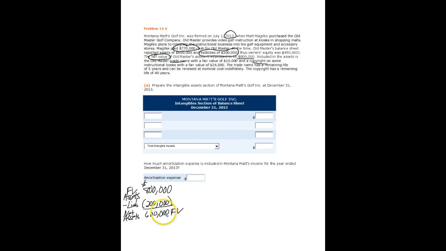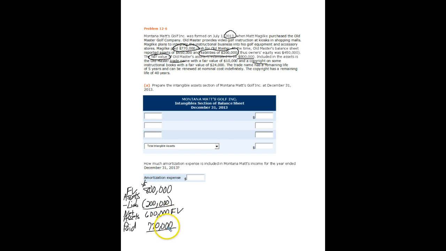That's what he's acquiring, the fair value. So if he had bought those net assets separately, the purchase price, theoretically, would have been $600,000. But he actually paid for this entire business. He was willing to pay $770,000. Why would he be willing to pay $770,000 when those net assets are only worth $600,000? There has to be some value in this business that he's buying.